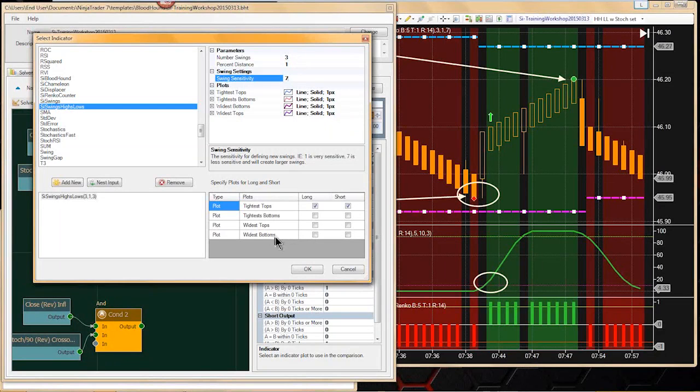And next we need to select the appropriate plots that we're using. The magenta line on the chart is actually the whitest bottoms, so we're going to use that to generate a long output, and the whitest tops is the blue line up on top here. So we're going to use that to generate a short signal.